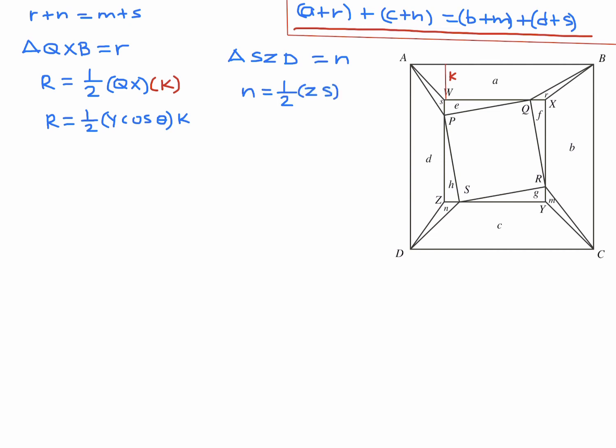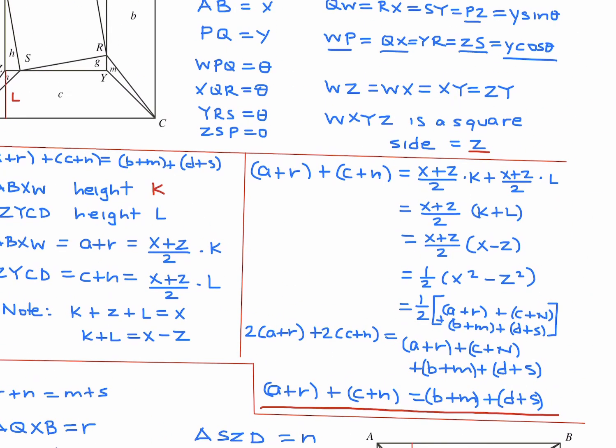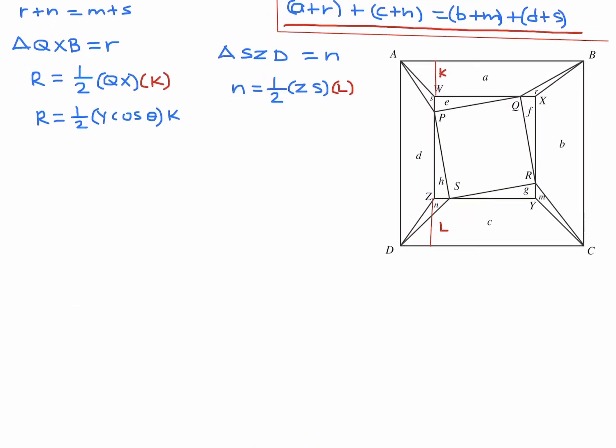And then the height, if you remember, we had drawn a height top to bottom like that, and we had called that L. So that's going to be times L like that. And then recall that ZS we had also given a similar value. ZS was also y cos theta. So put that in. N is equal to 1/2 y cos theta times L.